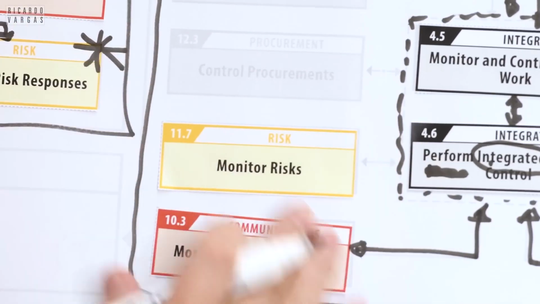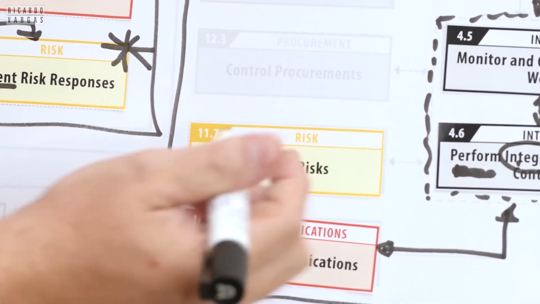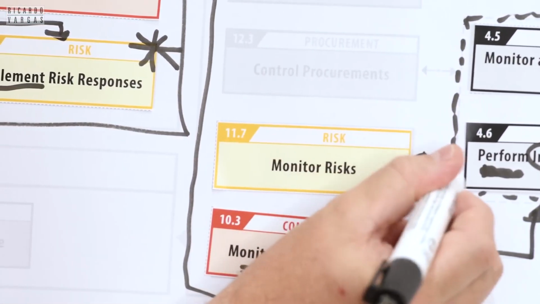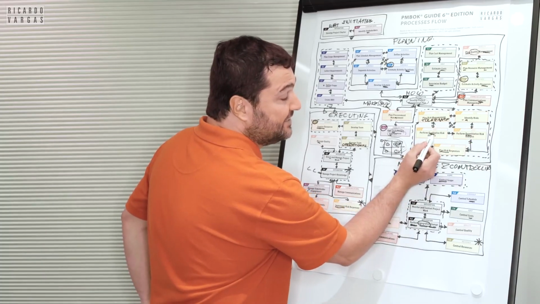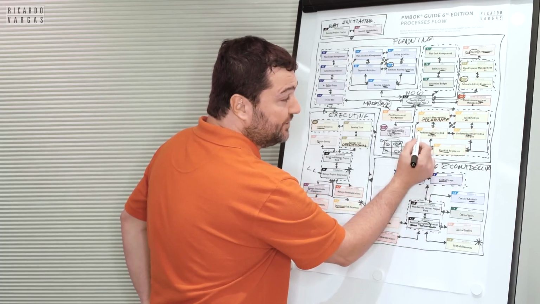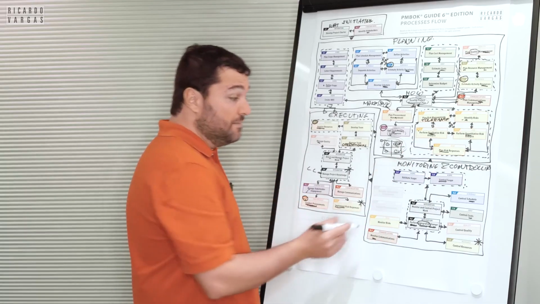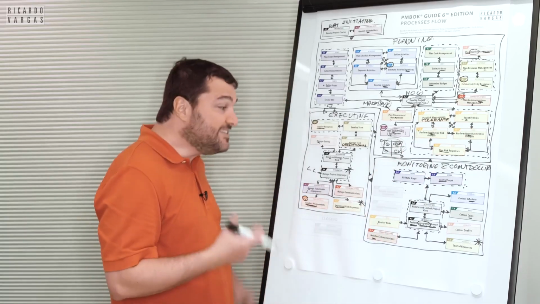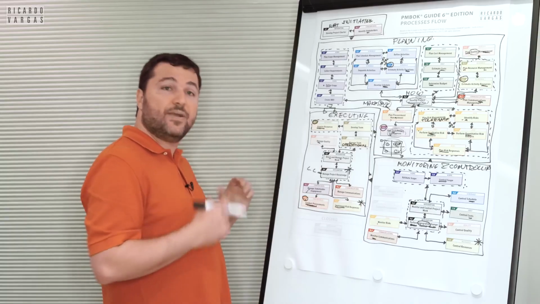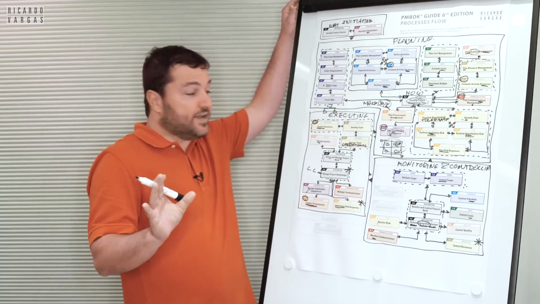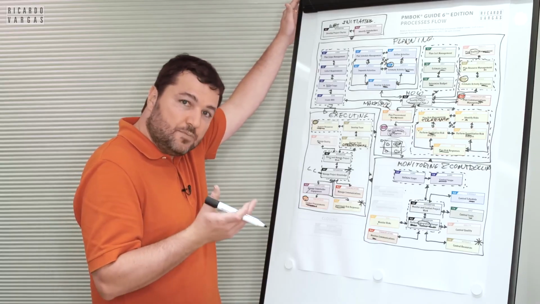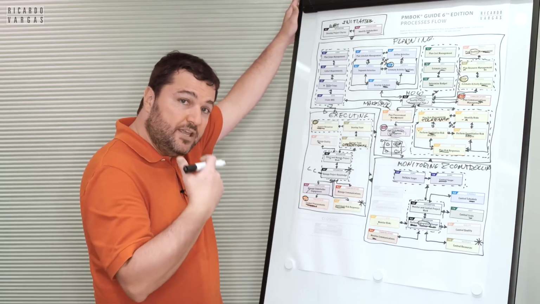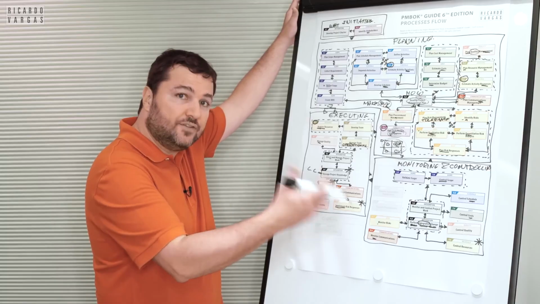I monitor risks. Why? Because some risks that I thought were low. For example, here, I did a qualitative risk analysis in 11.3, said it's low, but something happens and the risks became very, very high. Let me give you a very quick example. Let's suppose that I'm importing some products. And let's suppose that these products will be arriving close to the end of the year.